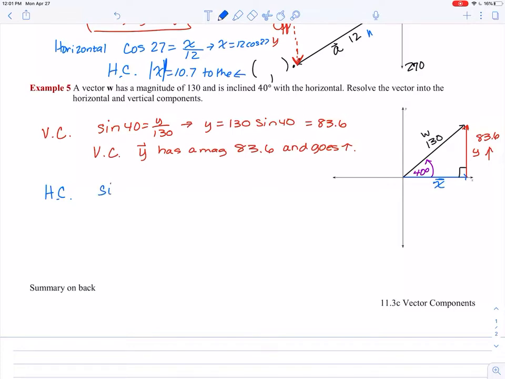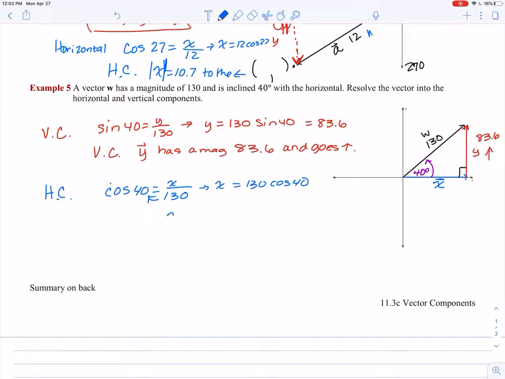So we're going to do the sine, not the sine. We need the cosine, right? Because it's adjacent to the angle we have. So the cosine of 40 is equal to x over the hypotenuse. So we'll multiply both sides times 130. So x is equal to 130 cosine 40. So 130 cosine 40. And that gives us 99.58.